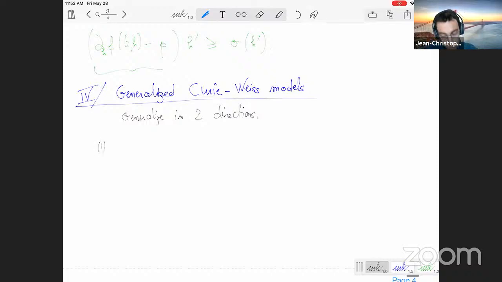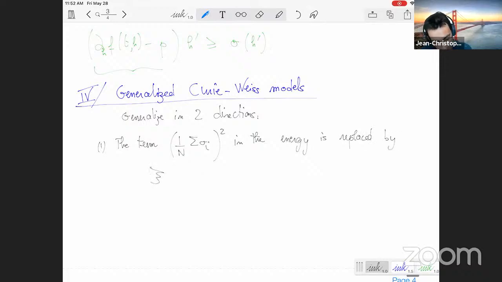So first direction of generalization: the term 1 over n sum of sigma i squared in the energy is replaced by a generic function of this quantity.